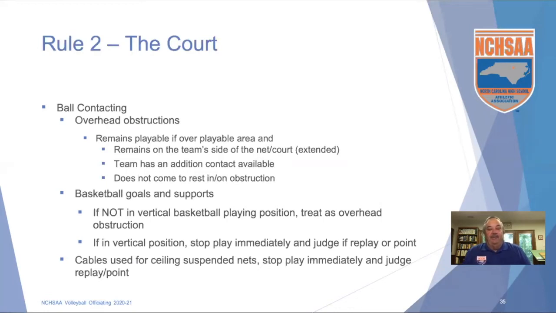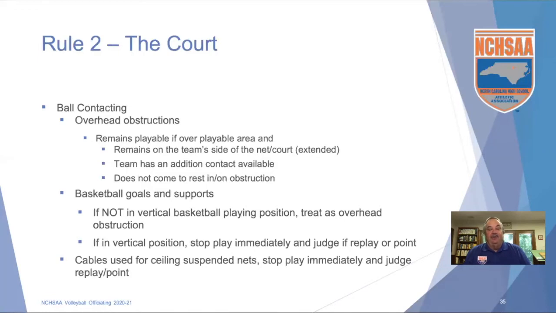So that means that if a team has another contact, in other words, they haven't used all three of their contacts, and the ball contacts the ceiling or some obstruction in the ceiling area, there is no whistle until the ball comes to rest, in which case, if they had another contact, we'd have a replay, or it moves outside the playable area or goes over the net, because then it would no longer be on their side.